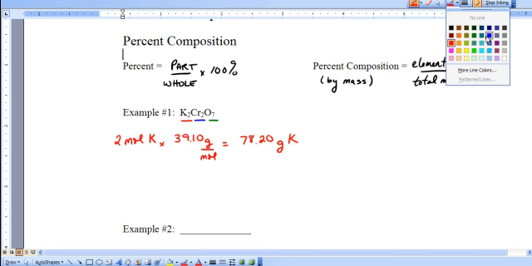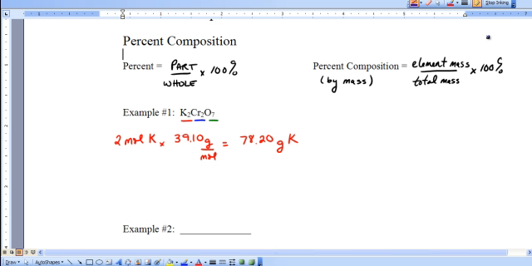Taking a look at the chromium now, you have 2 moles of chromium. Of course, we got that 2 from right here. It tells us 2 moles of chromium. Each mole of chromium has a mass of 52 grams. So that means that we have 104 grams of chromium in each mole of potassium dichromate.